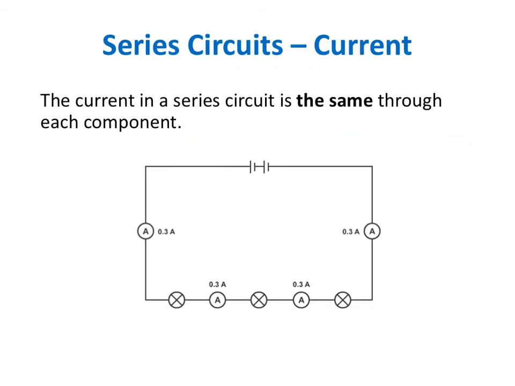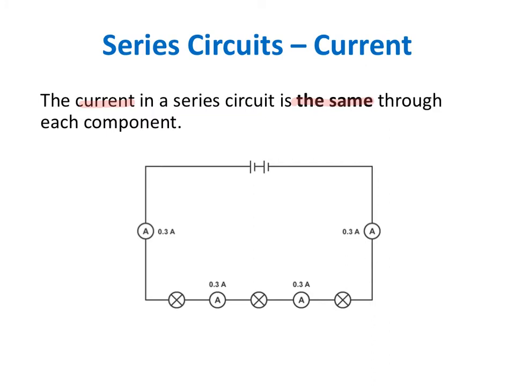We're now going to consider current, potential difference and resistance, those three key aspects of electric circuits. We're going to think of how they are affected based on whether the circuit is a series circuit or a parallel circuit. Starting first with current, one thing to pay attention to is that in a series circuit the current is the same all the way around the circuit.